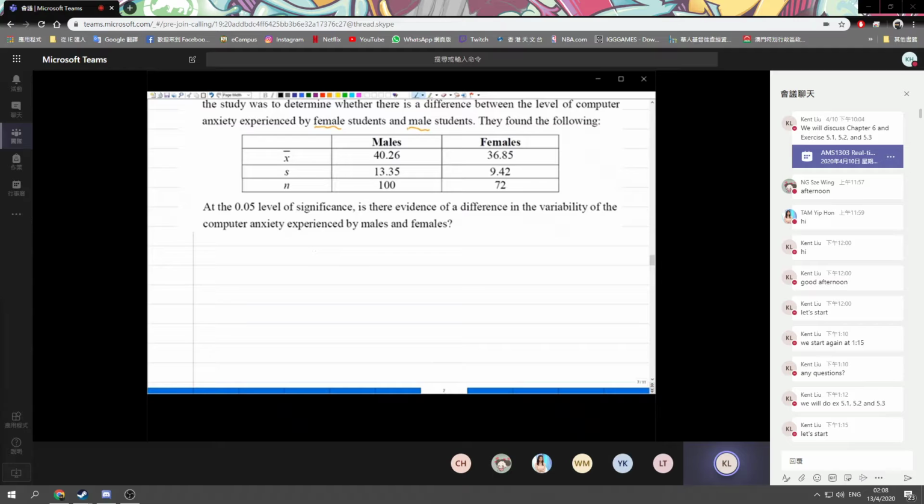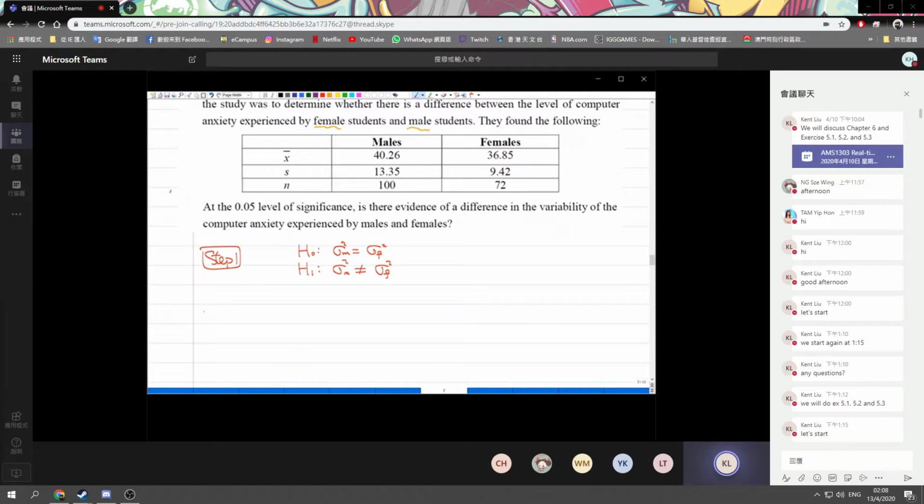Okay, so here we have our step one, sigma square male different from sigma square female. Right. Since it does not involve the equal sign, here we have the alternative hypothesis. And so the null hypothesis is going to be this. And this is our step one.